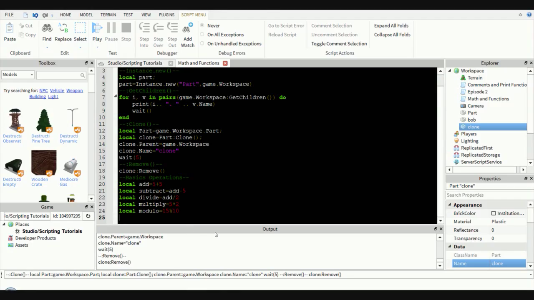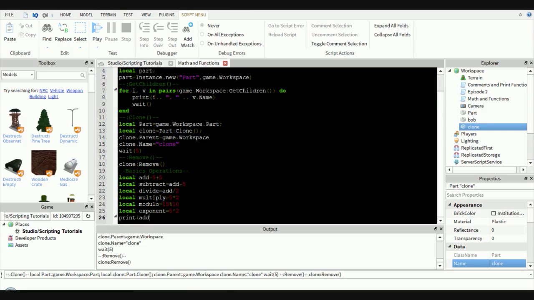And then there's the exponent. Local exponent equals, what shall we put for it? Exponent of 5 to the second power, 25. Okay, and then let's try to print all of these.